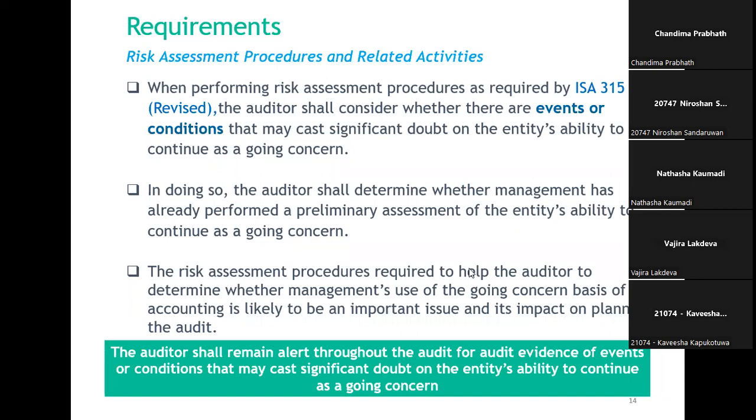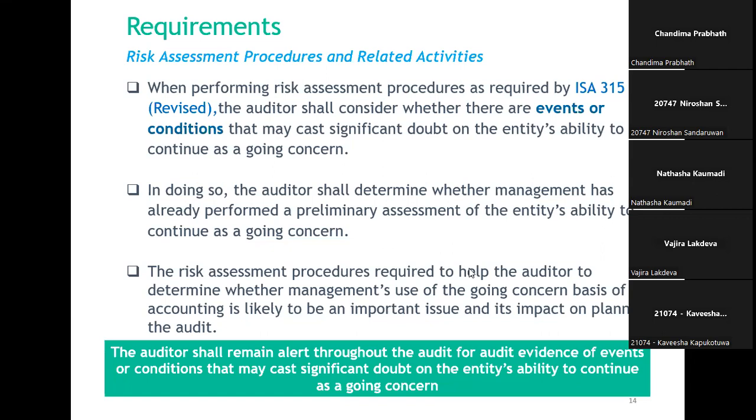The auditor is basically the Auditor General, but it is done by another audit firm and they report to the Auditor General, and based on that report, the Auditor General issues the report. So as far as Sri Lankan Airlines is concerned, definitely going concern will be considered a significant audit risk, because there are many events or conditions that may cause significant doubt on the entity's ability to continue as a going concern, right?